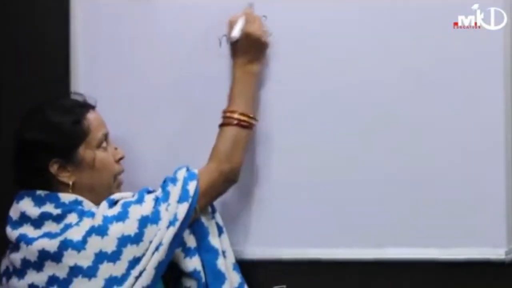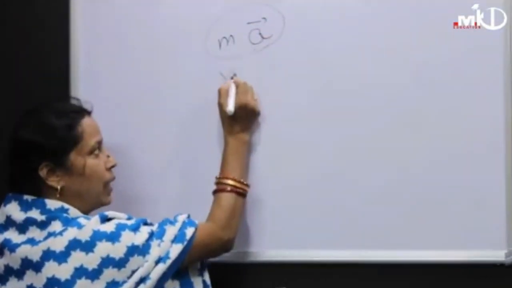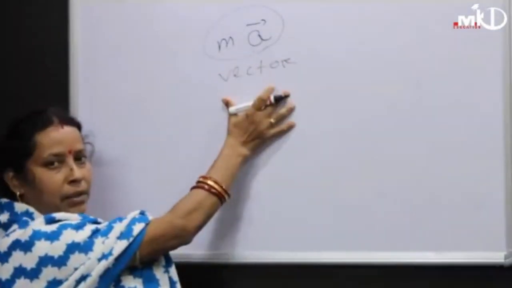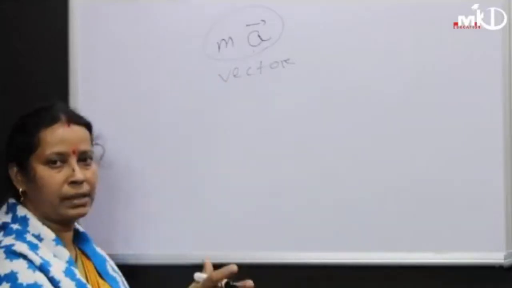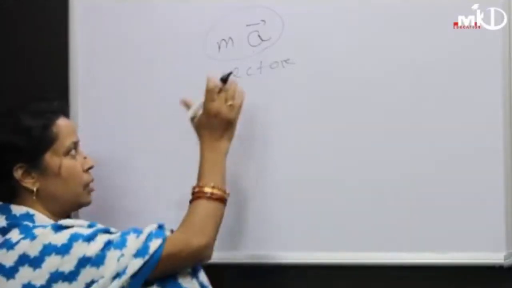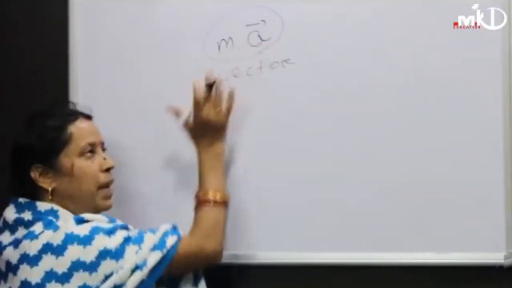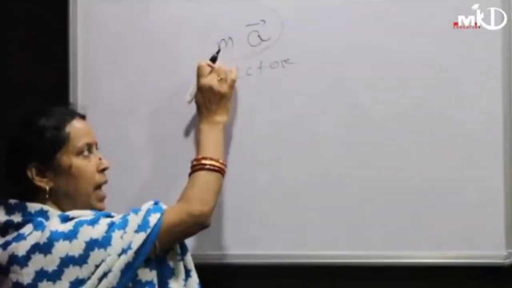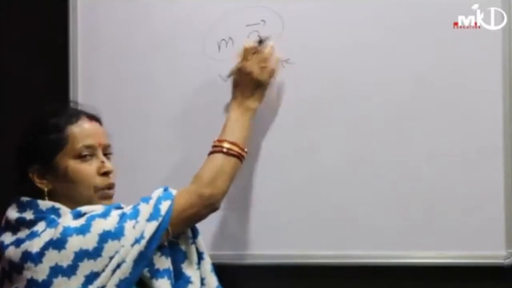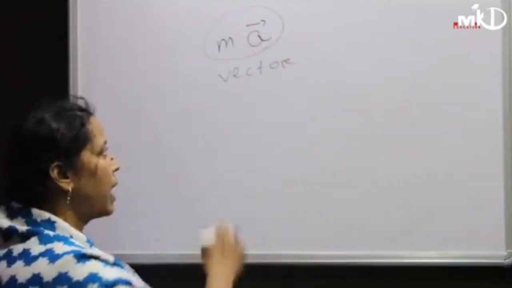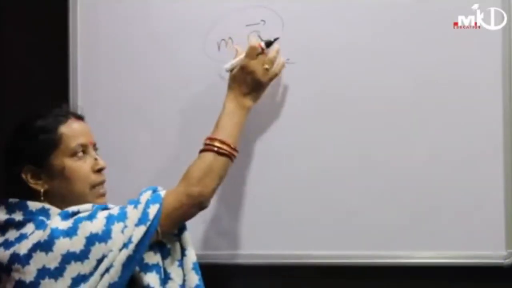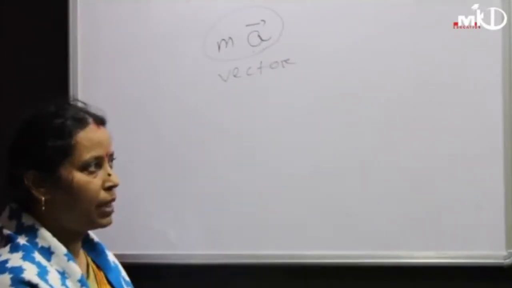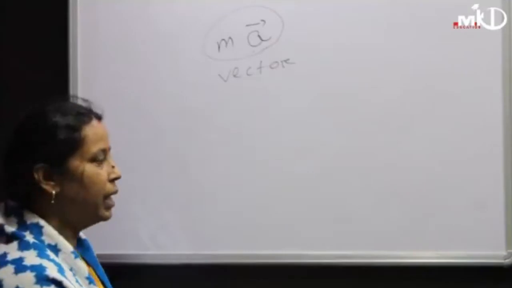This m a bar is a vector quantity, and since it is a vector quantity, it has a direction and also a magnitude. The magnitude of this vector is m times the magnitude of the vector a, and the direction is the same as vector a. Okay, so this is the multiplication of a vector by a scalar.